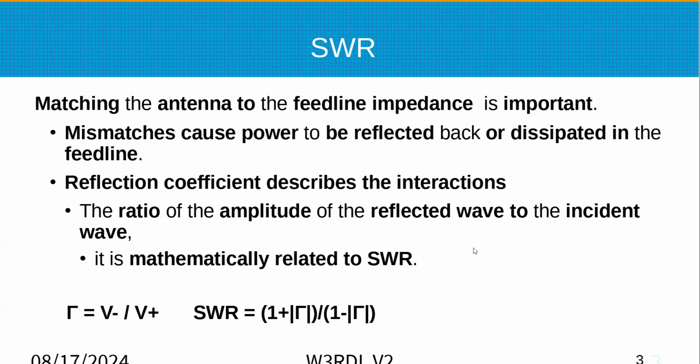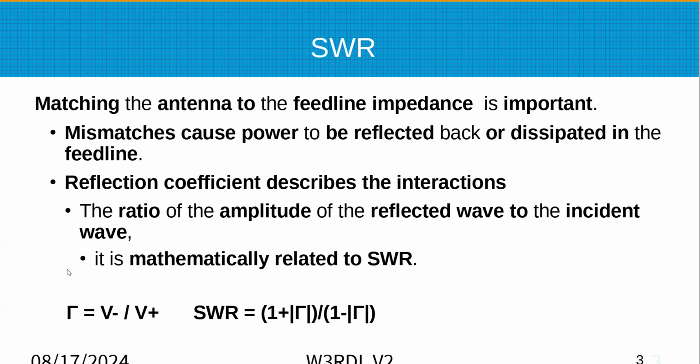So the mismatch, if it's something other than 50 and you're feeding it with 50, you get what's called a reflection. And they have a term called reflection coefficient, which mathematically they represent with the tau signal, one of those Greek letters.